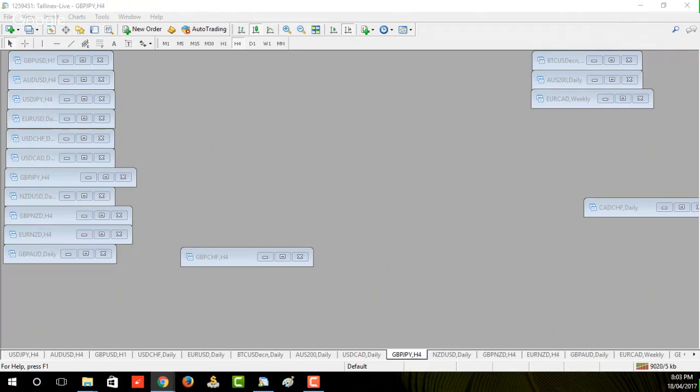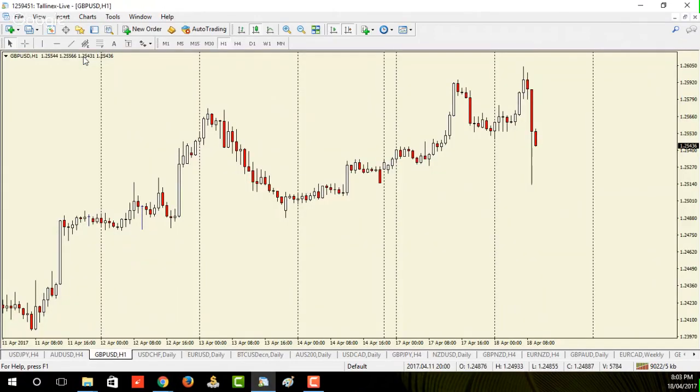I don't really see why the pound is moving so strongly. In 12 minutes, Theresa May is going to give a speech, so I guess people are anticipating that. It's kind of weird to me.